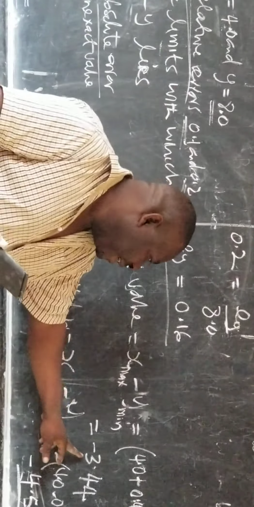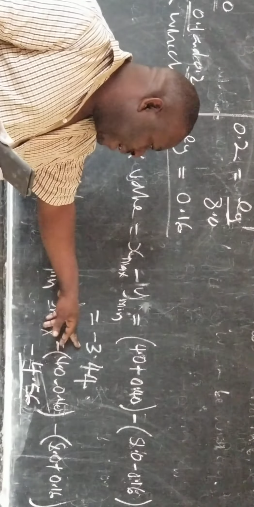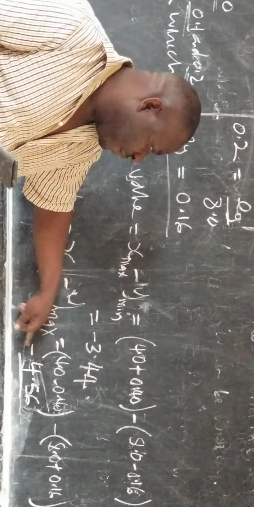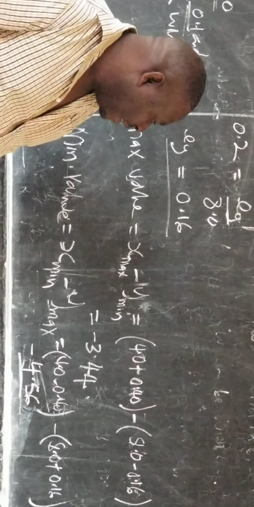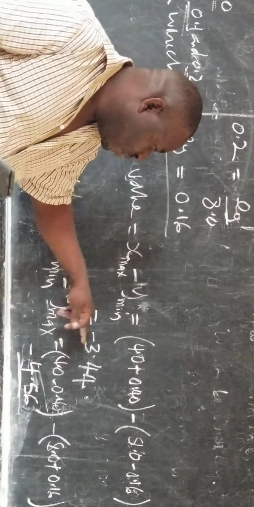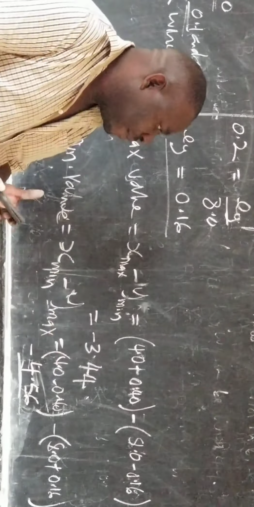When you look at these values, it should not confuse you how the maximum value could be smaller. Negative 3 is bigger than negative 4 on the number line, so negative 3.44 is the maximum value and negative 4.56 is the minimum value.